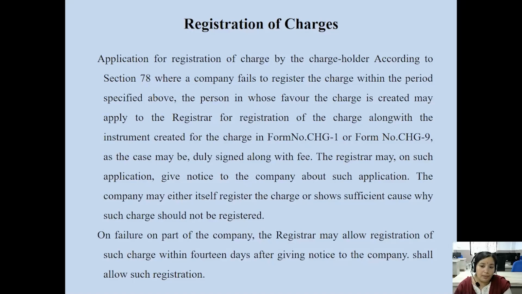The Registrar may, on such application, give notice to the company about such application, and the company may either itself register the charges or show sufficient cause why such charge should not be registered.